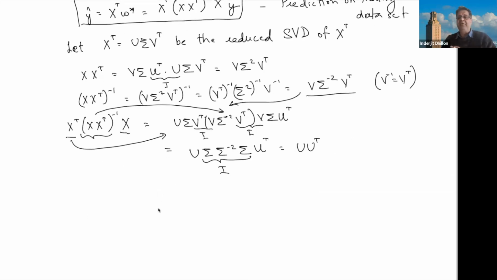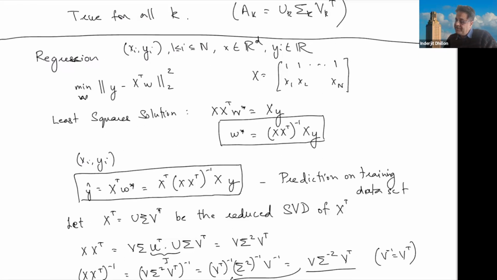Is UU transpose the identity? No, not necessarily. Because in our case, X is a rectangular matrix. And when we looked at the thin or the reduced SVD, U is also a rectangular matrix. So in particular, remember, what is the dimension of X?